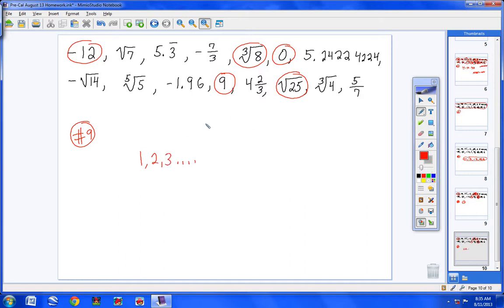So this would be a natural number, it's 9. This would be a natural number, that's 2. This would be a natural number, that's 5. So which one of these numbers are integers but not natural numbers? Well, -12 and 0 are both integers, but they're not natural numbers. And that would be number 9.